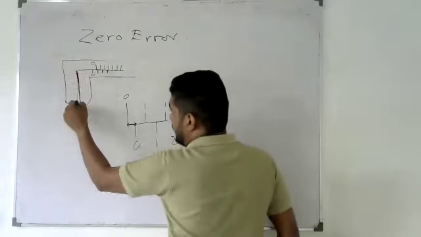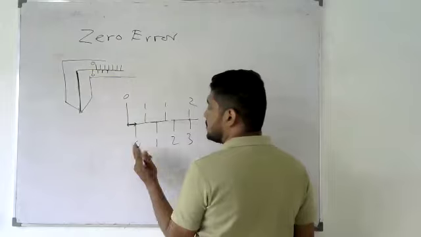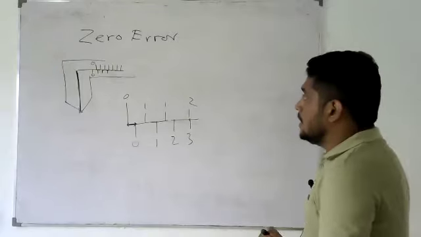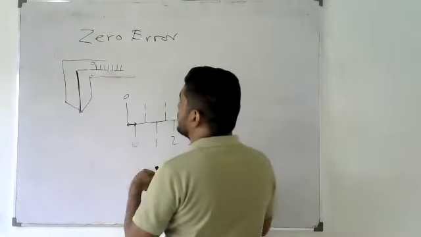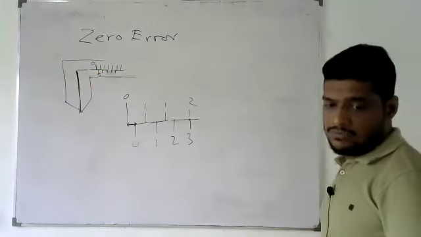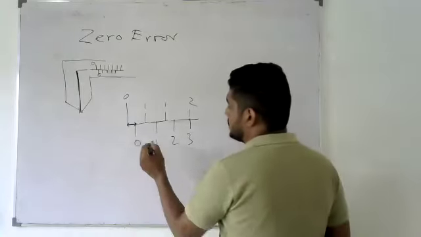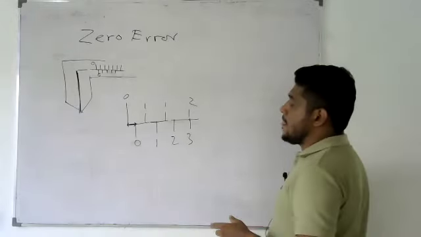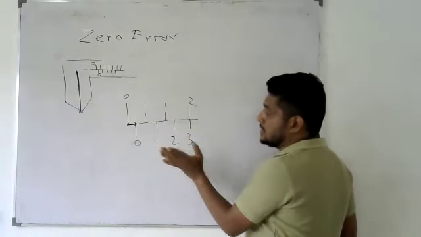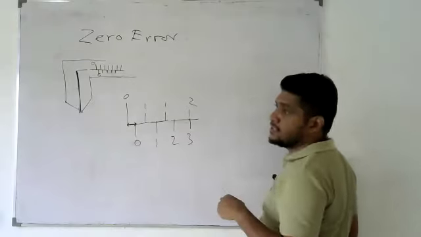The jaws are fully closed and the vernier is pushed this much. මුලින්ම තේරුම් ගන්න ඕනේ තමයි if you use this kind of a vernier caliper, what happens is when you measure something, the reading should be greater than the actual value. The reading is greater than the actual value. Right?